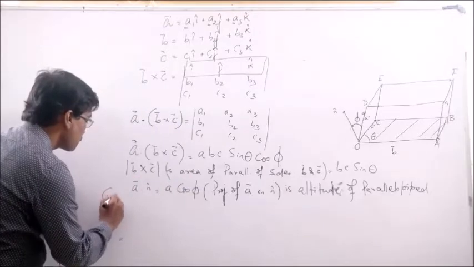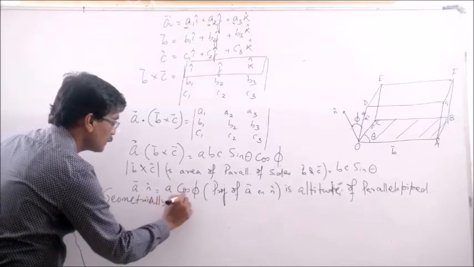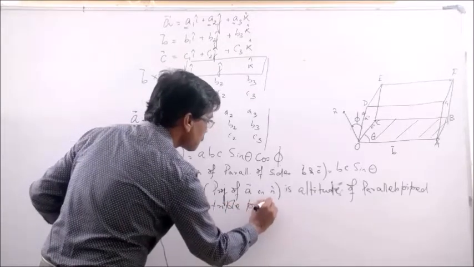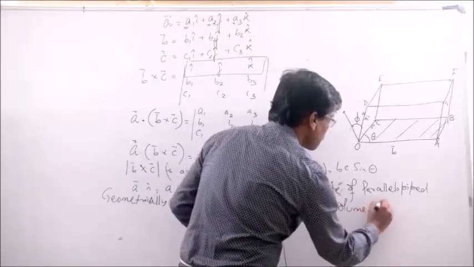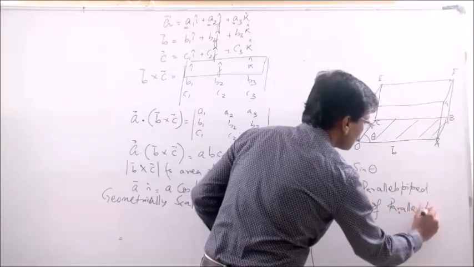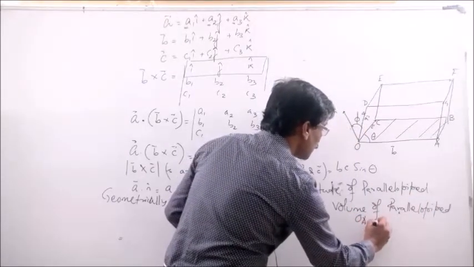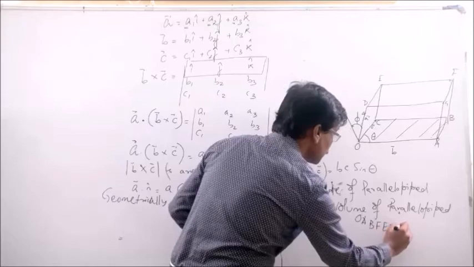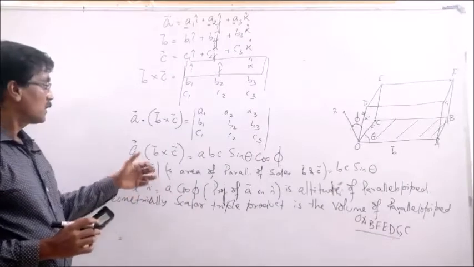So geometrically, the scalar triple product is the volume of the parallelepiped O, A, B, F, E, D, G, C. So this volume of the parallelepiped is its scalar triple product.